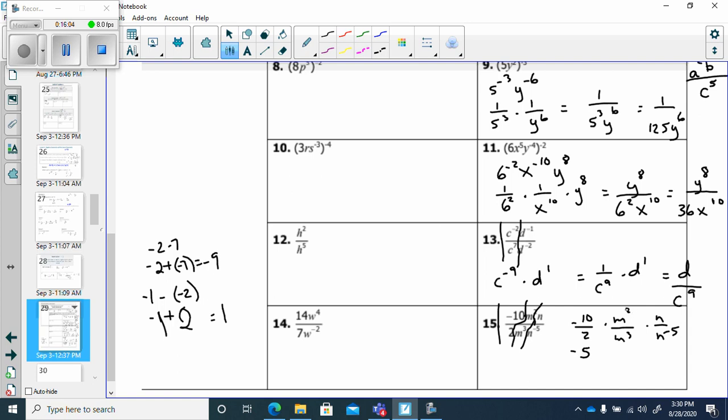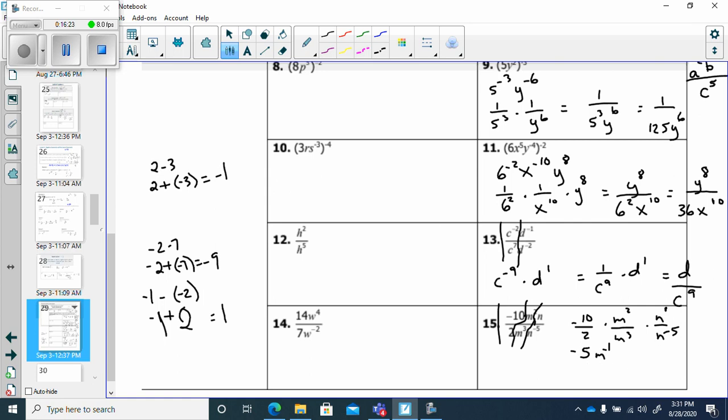When we are dividing, we subtract our exponents, so that gives me m to the -1. 2 minus 3. When you're subtracting, it's the same as adding the opposite. That's -1. Okay? So that's m to the -1.